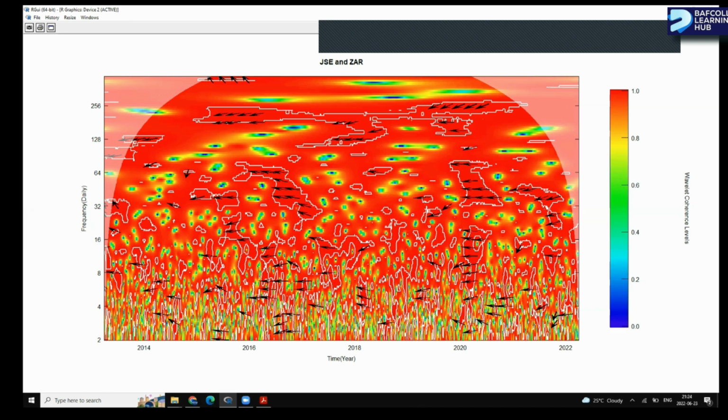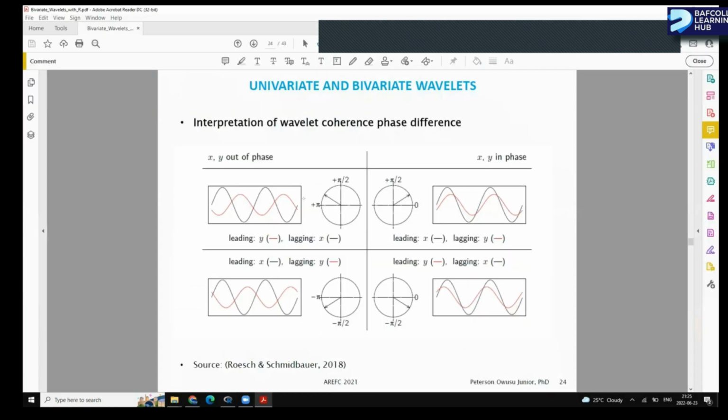General pattern here in the whole of this data, you see the pattern. Yeah, so it is out of phase and X is leading, so the market is leading. If we are not sure, we can go and check. It's out of phase and X is leading. No, actually it's Y that's leading. Okay, so we are here. True. So it is out of phase.